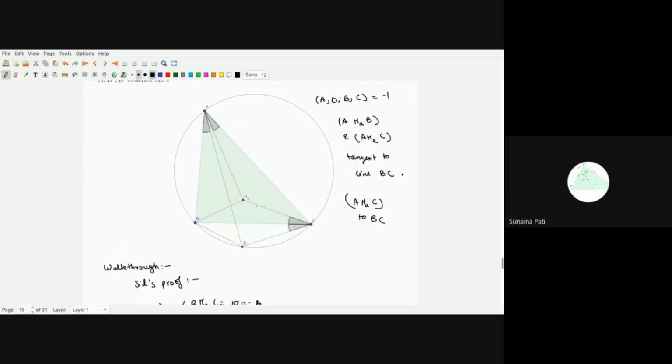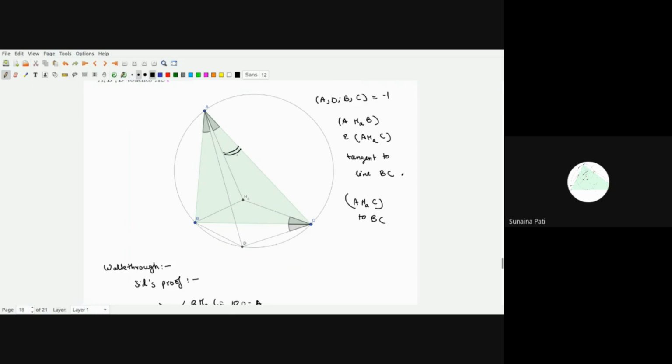Do you guys remember how we defined the Humpty point? We defined it as the point such that AHAB and AHAC are tangent to the line BC. Now, if you remember, it's a very famous lemma. Okay, I'll actually show it over here.